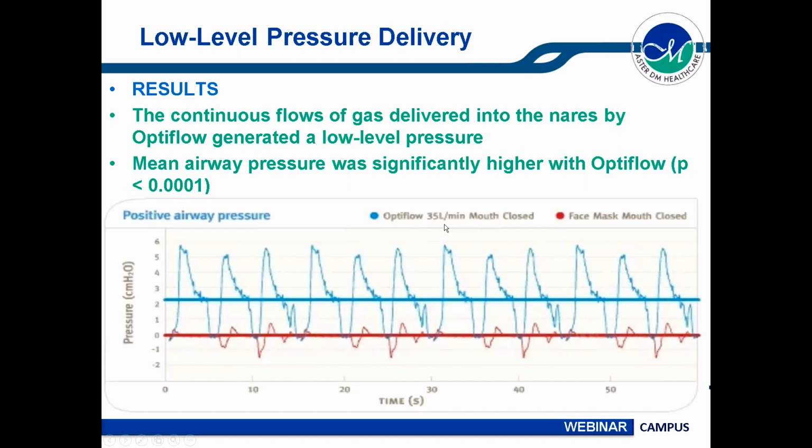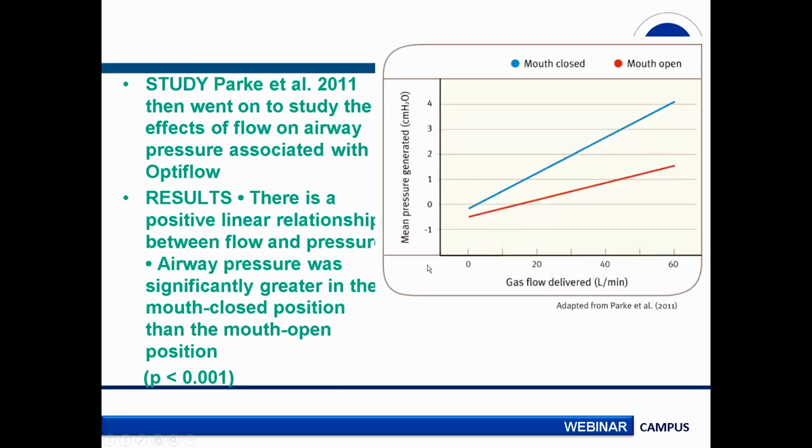With an OptiFlow of 35 liters, you can see the airway pressure range up to 5, so you can get a PEEP like that. This is again mouth open and mouth closed. When the mouth is closed, again with a 60 flow, etc., you can keep a PEEP up to 5 to 7.